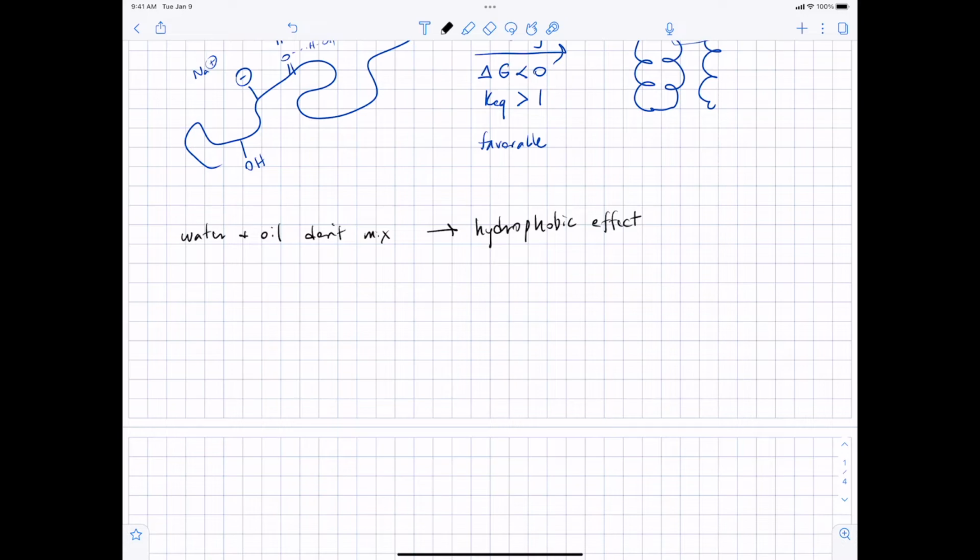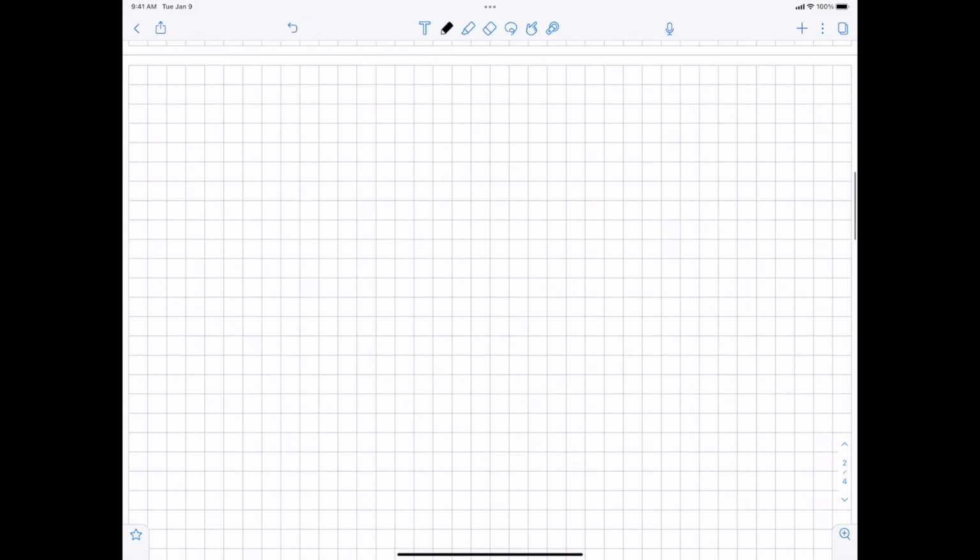So we're going to start by considering two different solvents. Let's consider water and maybe hexane.